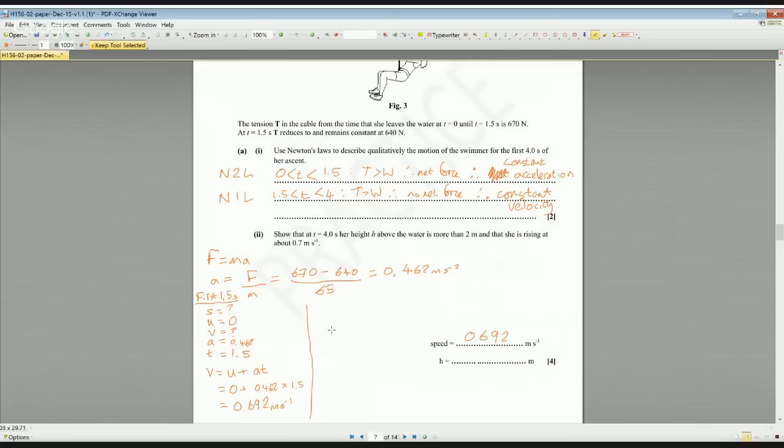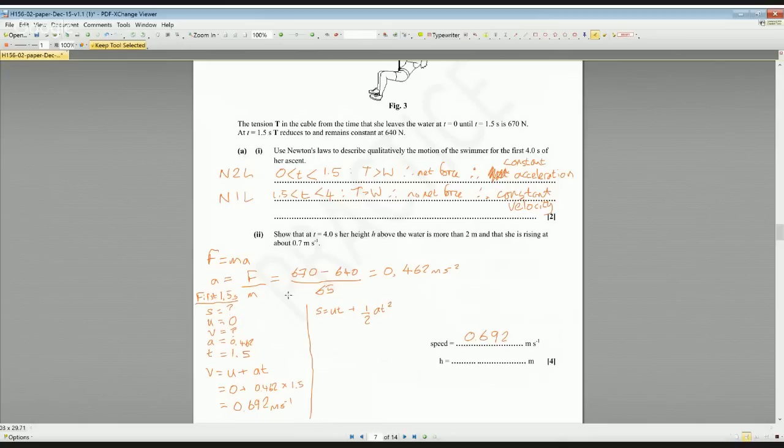Next step is to do SUVAT again to find the height that the swimmer rose through during just that first 1.5 seconds. To do that, we can use S equals ut plus half at squared. You can use an equation that would include S and V, but it's best not to, just in case we made a mistake with V. We know that we're looking for S. We know U is 0.